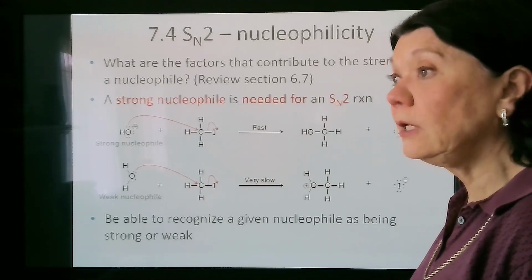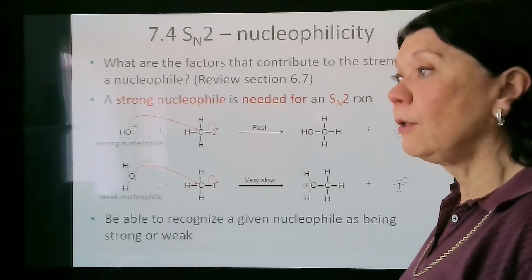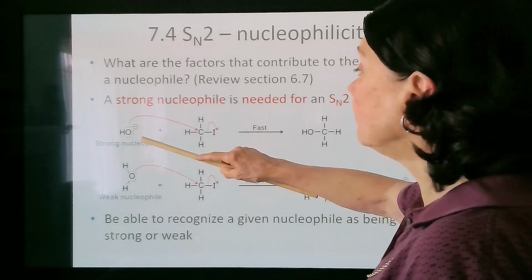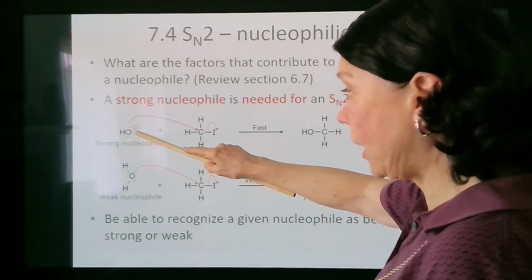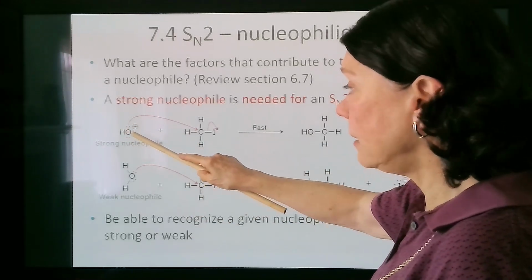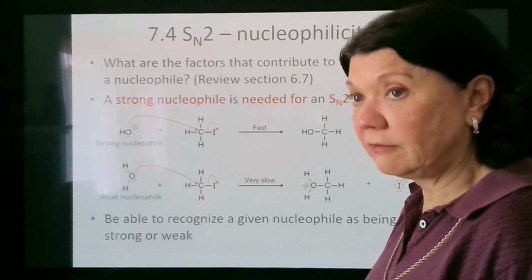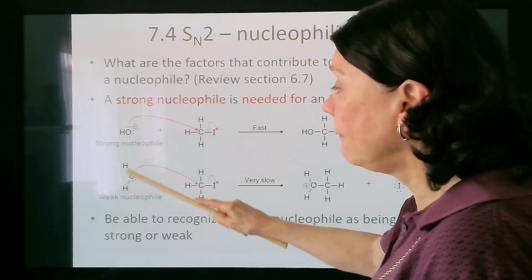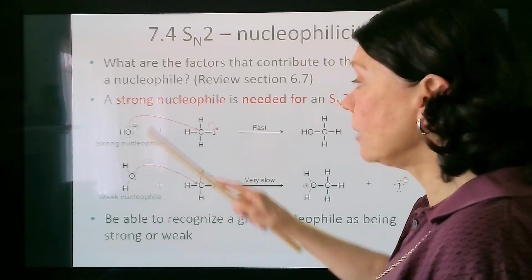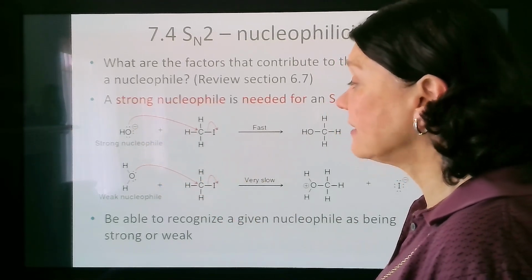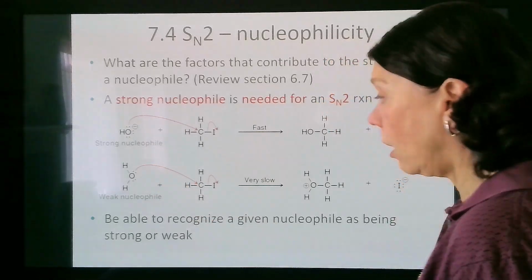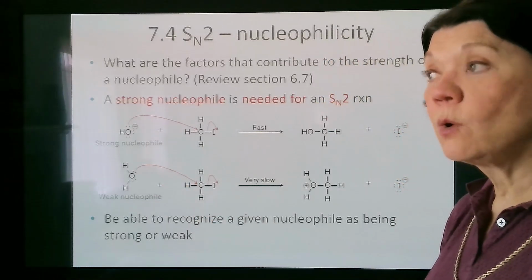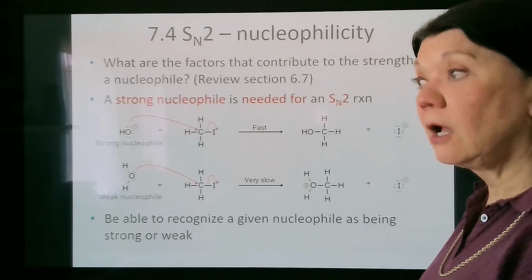Remember that the less stable the anion is, the more reactive it is. So hydroxide is less stable than water, and so hydroxide is going to be more reactive than water. Go back and review your reactivities of REO.